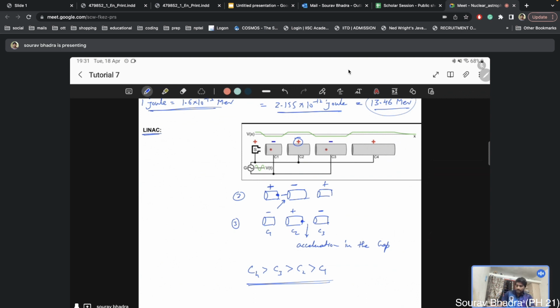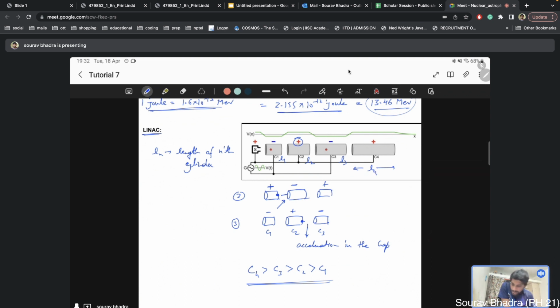Now in this linear accelerator also, let's think. Suppose this length I will express as small l. So if Ln is the length of the nth cylinder, it is L1, L2, L3, and L4.